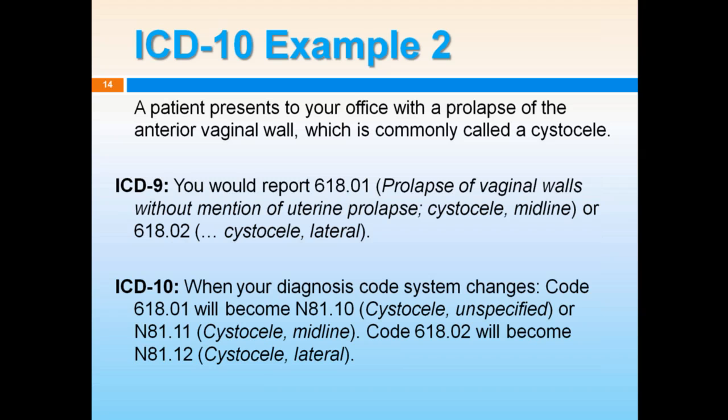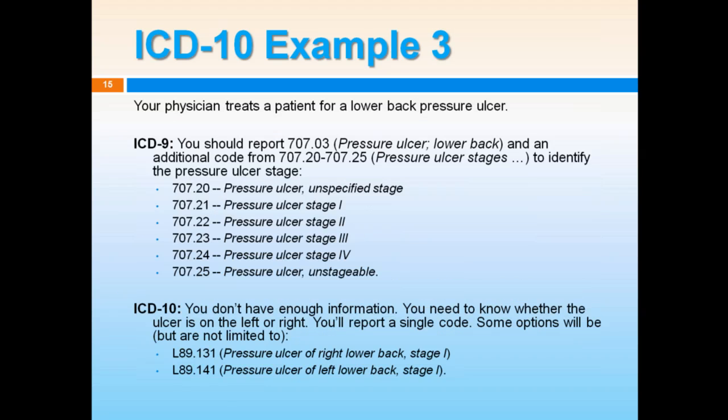Okay, so one more example. So your physician treats a patient for a lower back pressure ulcer. Right now you should report 707.03, pressure ulcer lower back, and an additional code from 707.20 through 707.25. You'll use that series to identify the pressure ulcer stage.